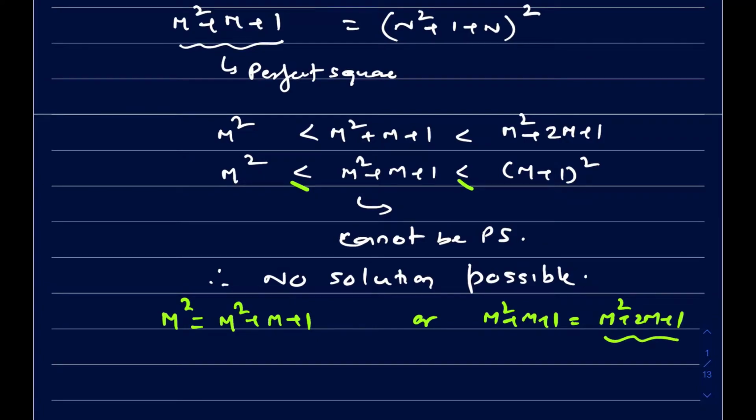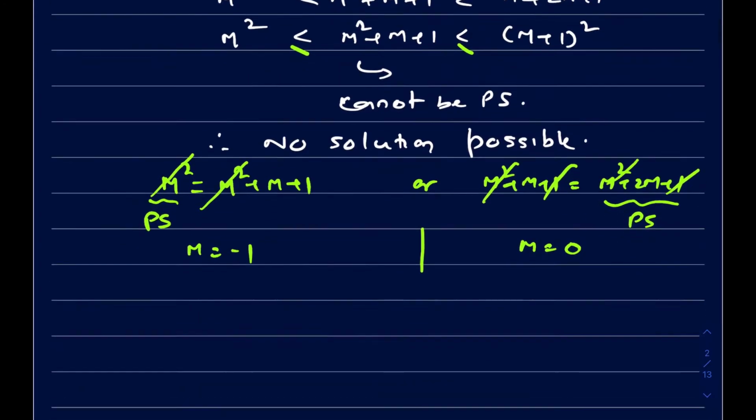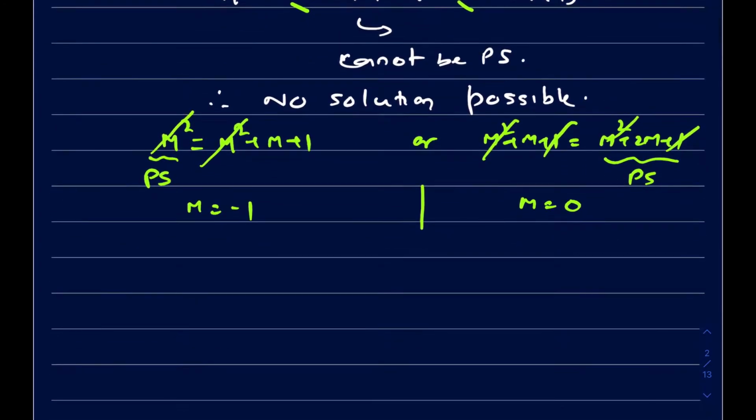Now this is a perfect square and this is also a perfect square. So this is the only possibility for m^2 + m + 1 to be a perfect square. If I solve it, m^2 gone, we will get m equal to -1. Here if we solve it, we'll get m is equal to 0. So there are two possibilities where m is equal to -1 or m is equal to 0.